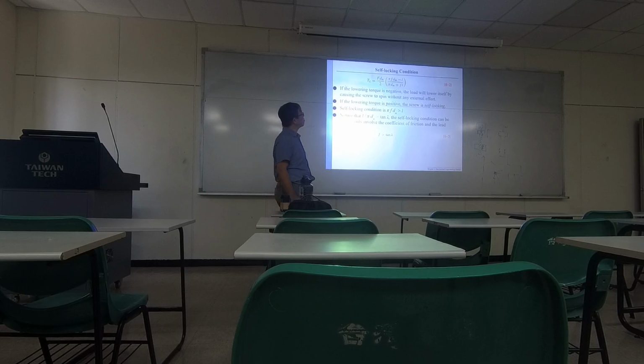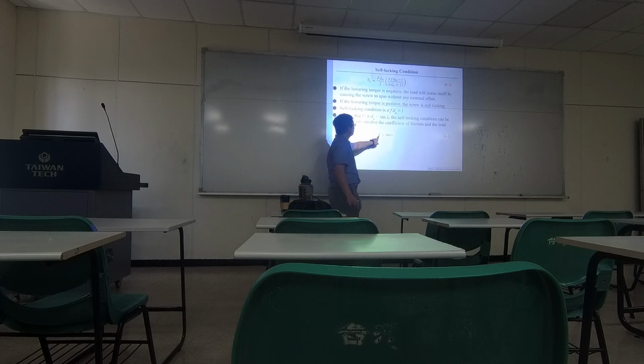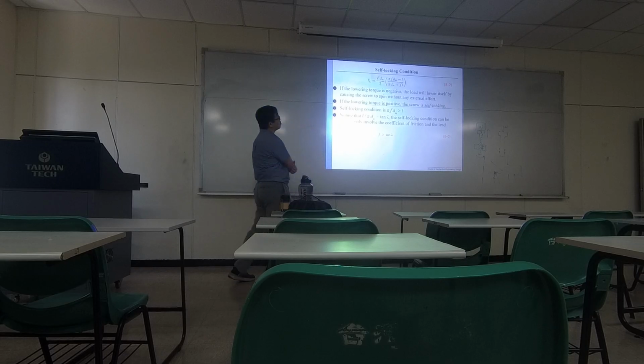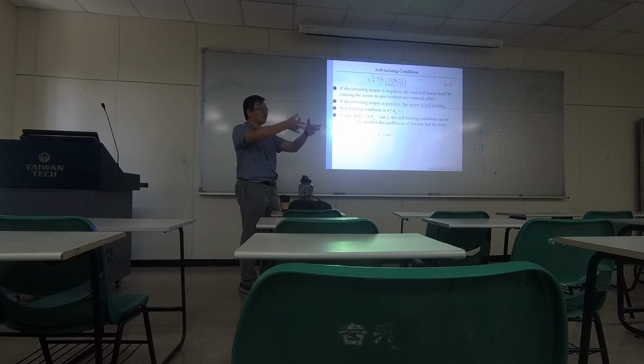That's called self-locking. So there will be a condition: the friction coefficient has to be strong enough to satisfy the self-locking condition. So no matter what the position of the screw is, it stays there. The friction force holds the entire screw right there.